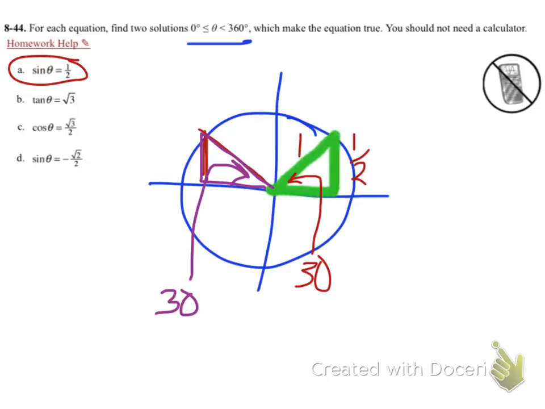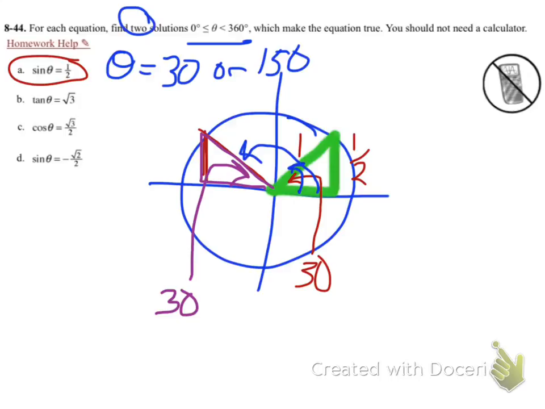Knowing that information, I can then figure out what theta is going to be. So my theta value is going to be either 30 degrees, or that one would be 150 degrees. So theta equals 30 or 150. Those are my two solutions for that one.